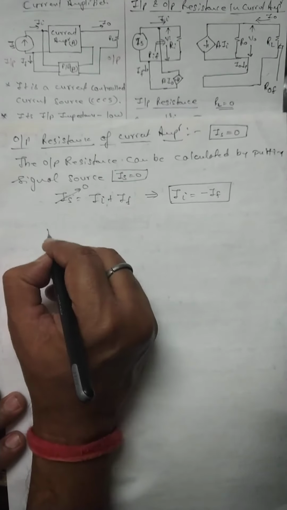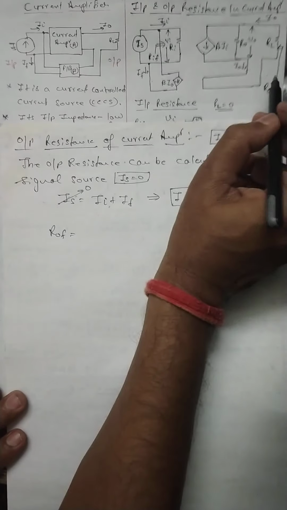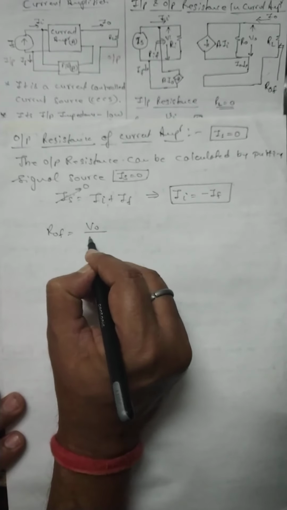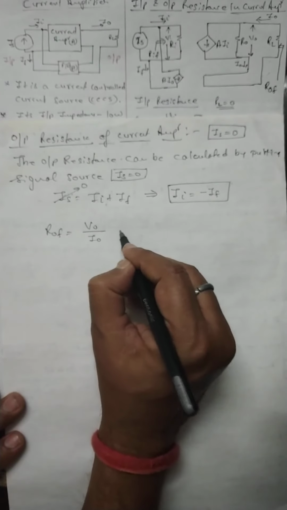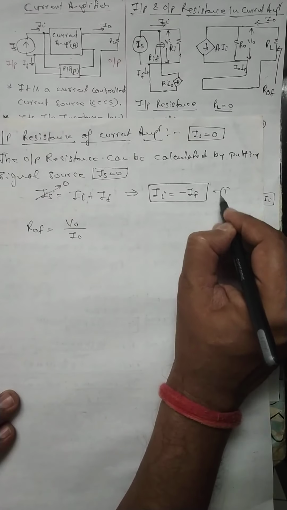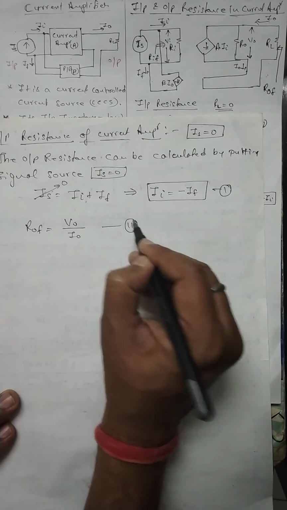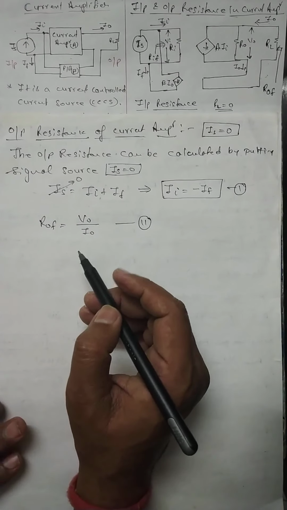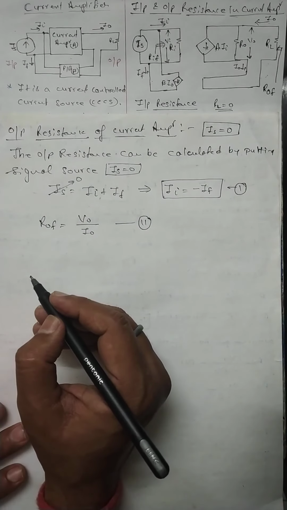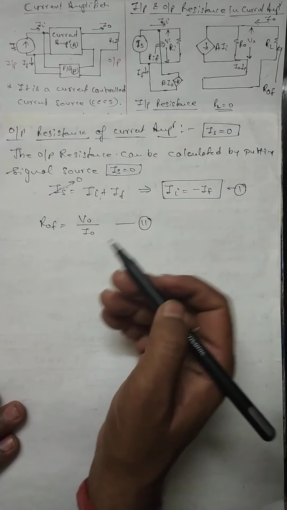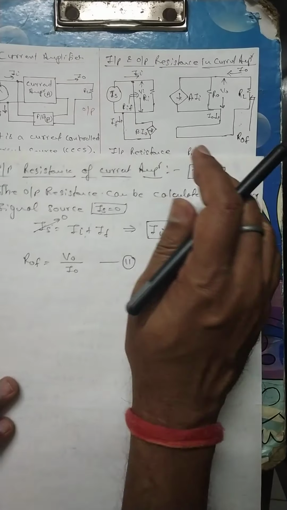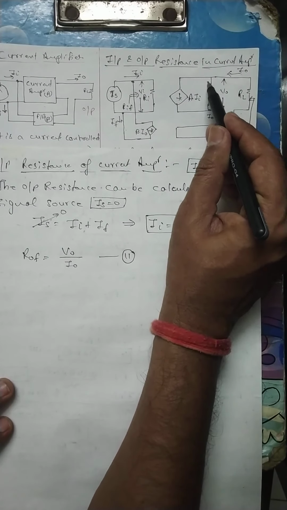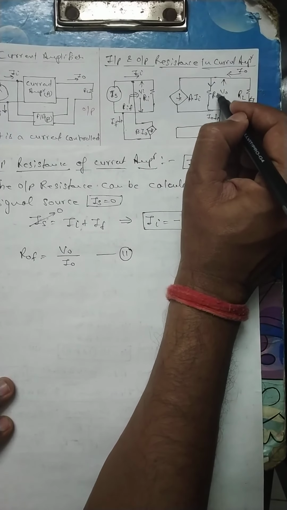From this figure you can see that ROF is equal to V0 upon I0. If we call the earlier one equation number 1, then this will be equation number 2. ROF is equal to V0 upon I0, and from the figure we calculate the value of V0. V0 is equal to this current multiplied by the resistance.